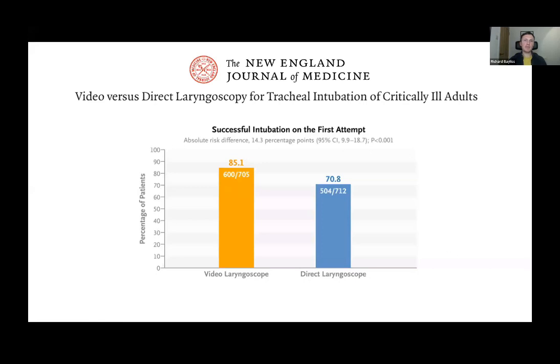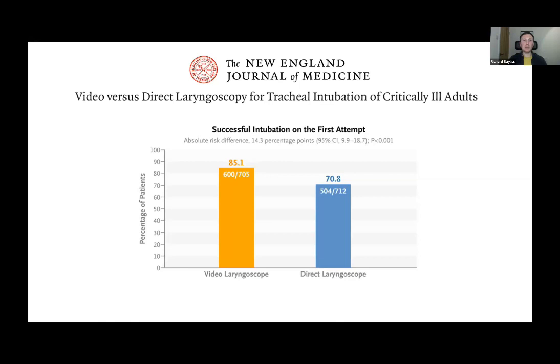So they compared videolaryngoscopy versus direct laryngoscopy for the first attempt, but they didn't specify the device or blade that people were using either for video or for direct. Now, the only reason I mention that is because I think that is potentially important, just because in the US, they're much more likely to use straight blades in adults, which we just wouldn't do in the UK almost ever.